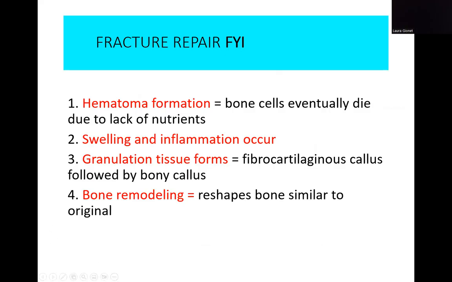So it goes through these 4 phases: hematoma formation, which is when the bone cells eventually die due to lack of nutrients. Remember, there are a lot of blood vessels coursing through the compact bone and through the spongy bone. So when you fracture a bone, aren't you cutting off those blood vessels? You're cutting them, right?